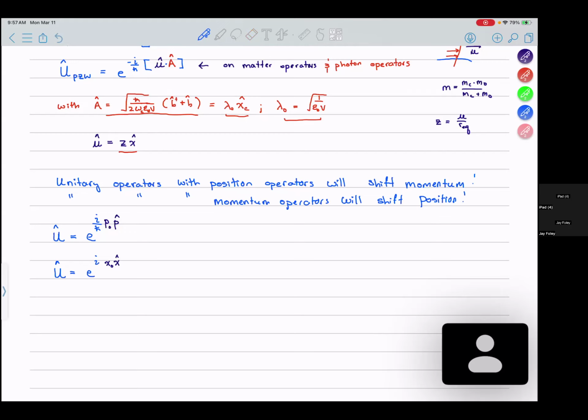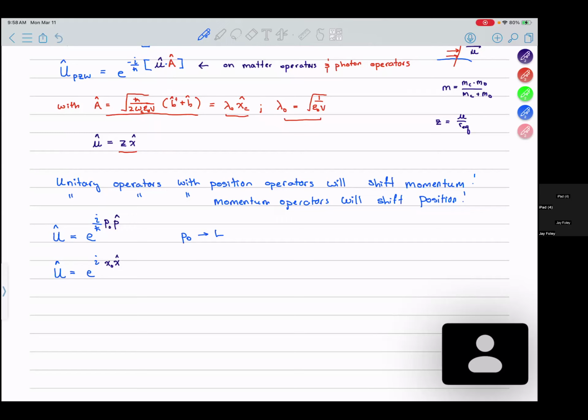So in both cases, let's make p naught and x naught unitless. And so if that's the case, then I'm going to have p hat over h bar. No, I really got to think about my dimensions here. So p hat is h bar over length. Okay, so then p naught has to have dimensions of length. Okay, and x hat is just length.